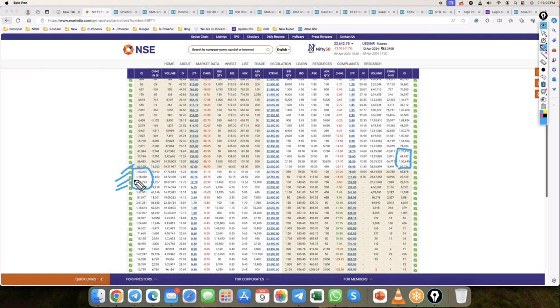So 4 lakh versus 7 lakhs, 4 lakh versus 6 lakhs, huge call writing happening. Along with call writing, we also have put unwinding. Heavy call writing versus puts closing their position indirectly tells the market is towards the downside, which is expected to go down.